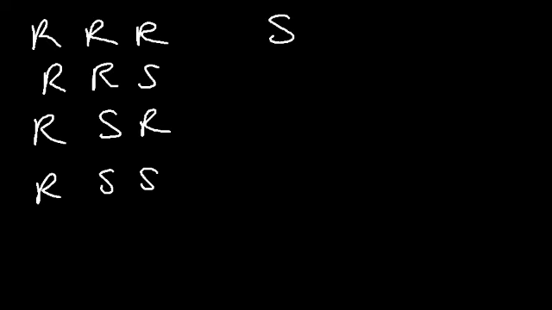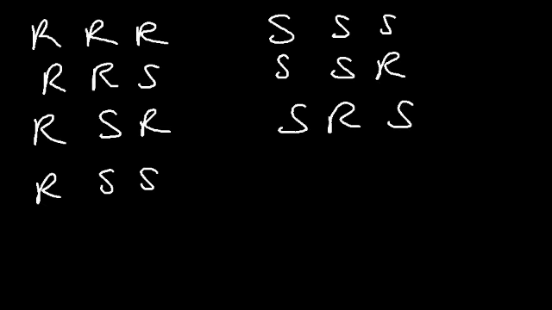The first one could be S, and the other 2 can be S, or it can be SSR, SRS, or SRR. So as you can see, we have 8 different combinations. So we can have up to 8 potential stereoisomers.